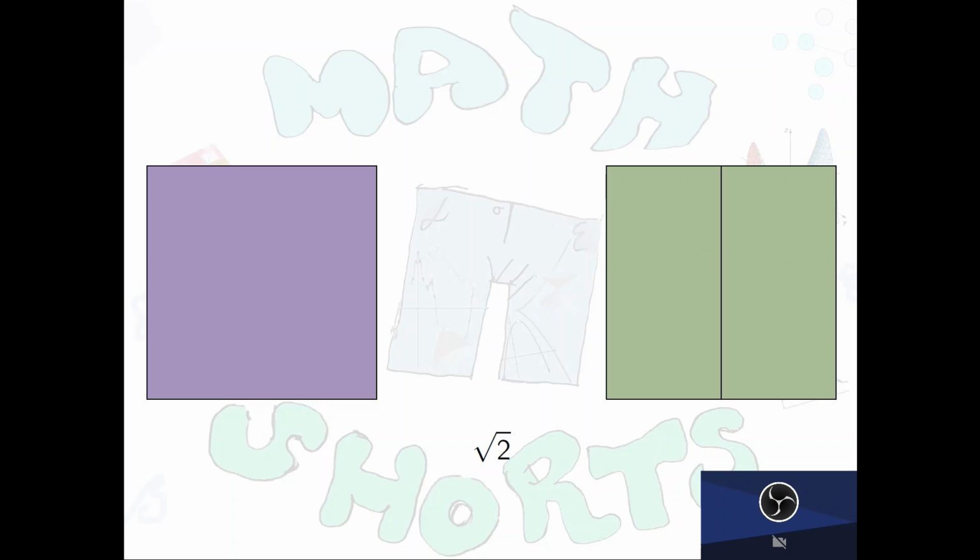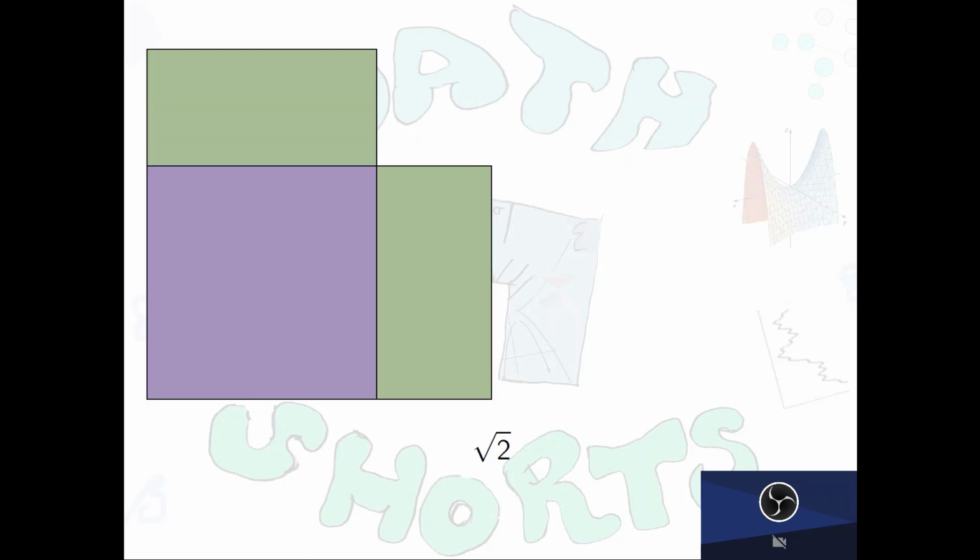I can now take those 2 chunks, put 1 on the top and 1 on the side, and that will give us an approximation. But again, it doesn't quite fill things up, so I know that the square root of 2 is less than 1.5, just like we did before.